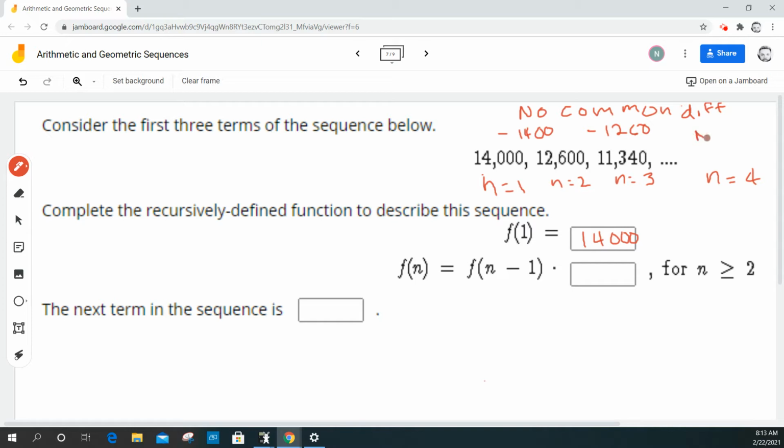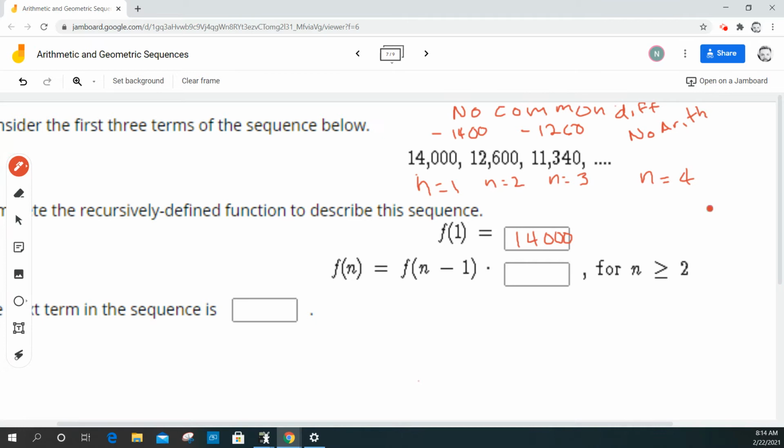So this is not arithmetic. If they would have been the same number every time, then I would know that it's arithmetic, and then I would continue to subtract that number, whatever that number is. So this must be geometric.